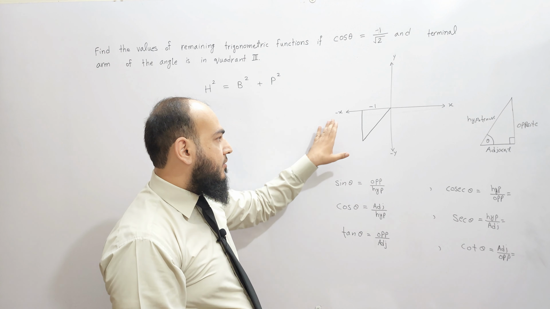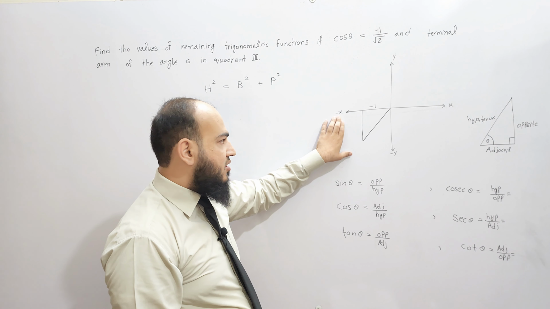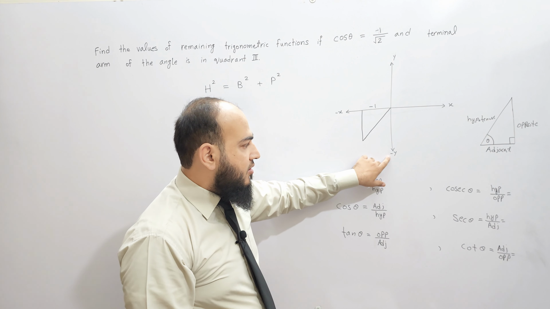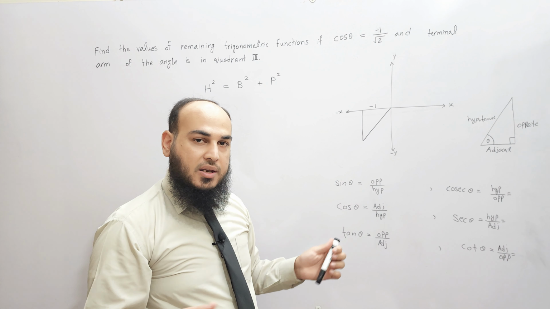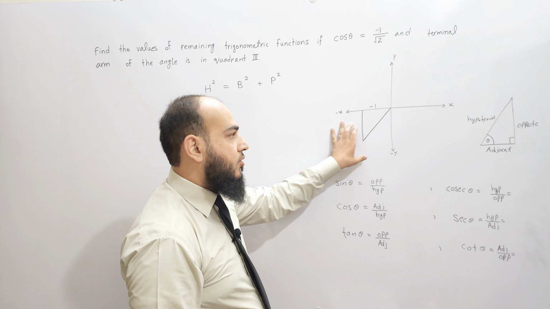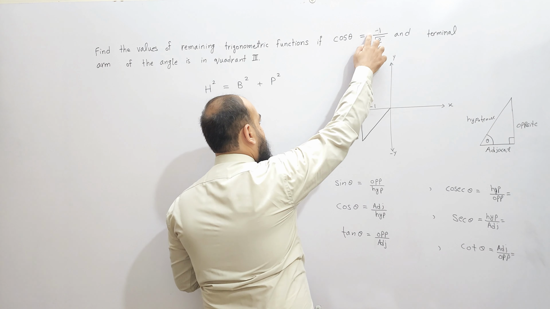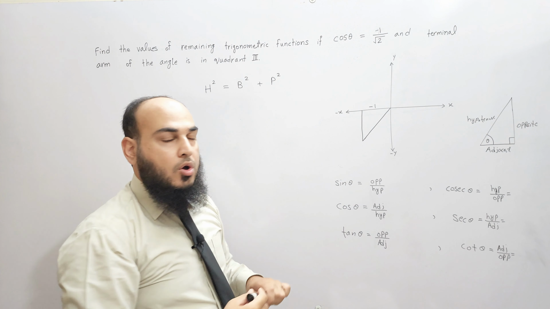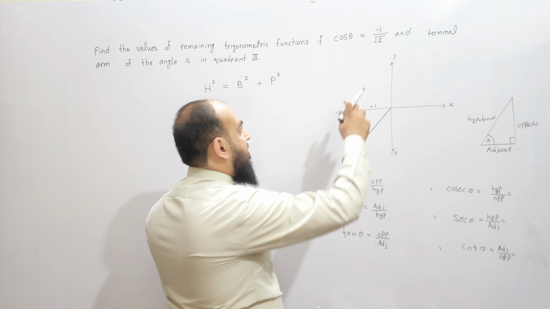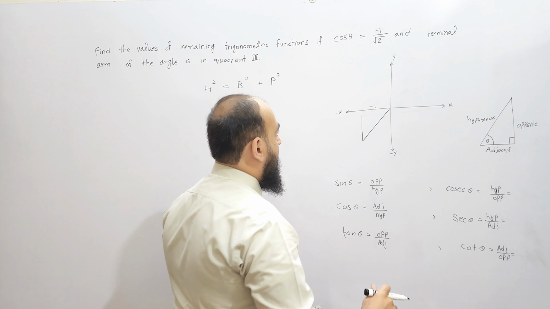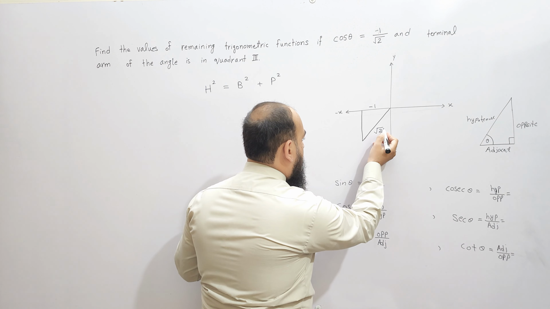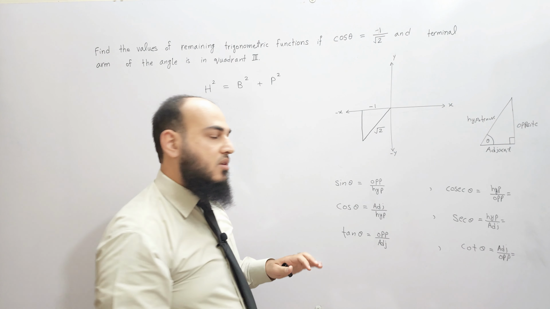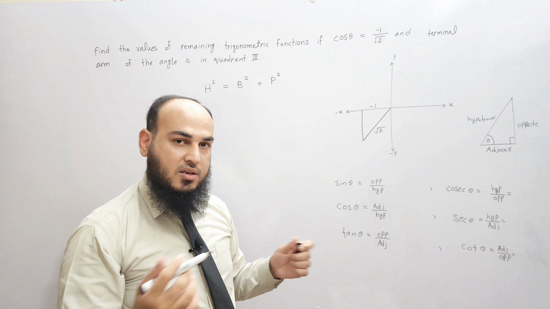It means that adjacent side and opposite side both will be negative in this quadrant. Okay, that is why this negative sign will go with 1 and square root of 2 will come here, because the hypotenuse doesn't have any sign.